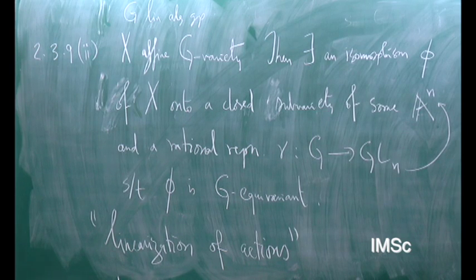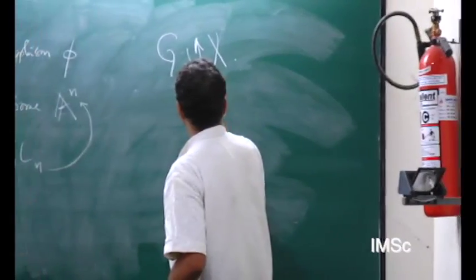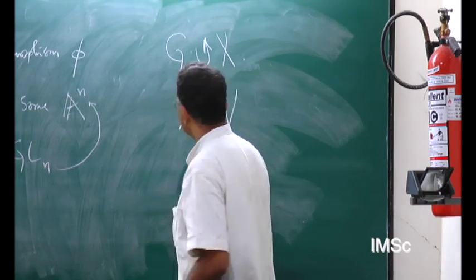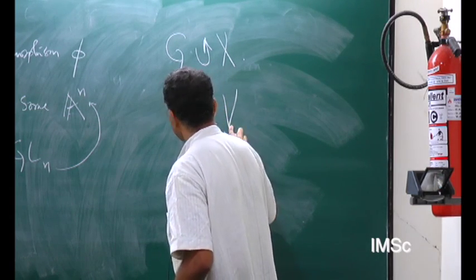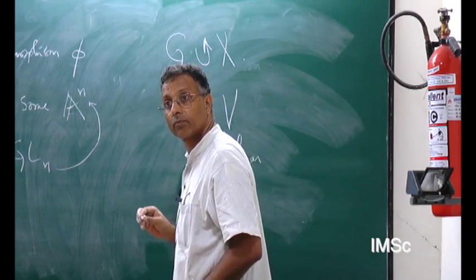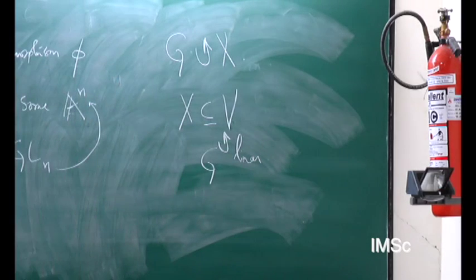So G acts on X, and I can make this X sit inside a certain V. G acts on V, but this action is also linear. So every affine variety on which G acts, I can think of as sitting inside as a G-invariant closed subset of a representation of G. That's what it says.